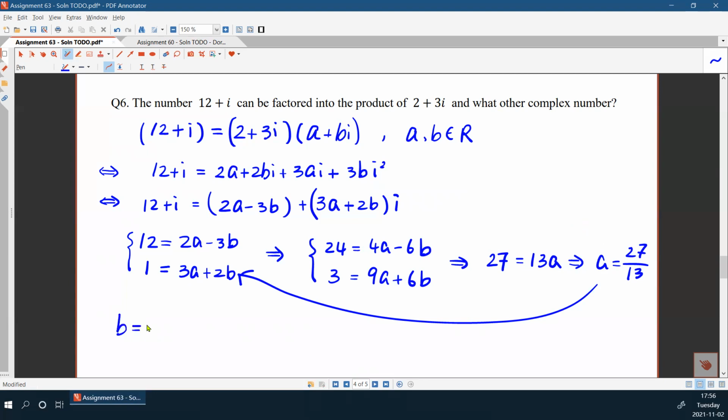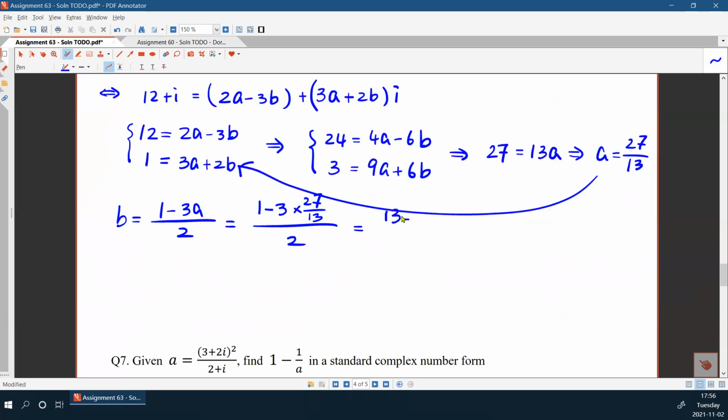So b is (1 minus 3a) over 2, according to the second equation, which seems simpler, right? b is (1 minus 3a) over 2, which is (1 minus 3 times 27 over 13) over 2, which is (13 minus 81 over 13) over 2, which is minus 68 over 26, which is minus 34 over 13, right?